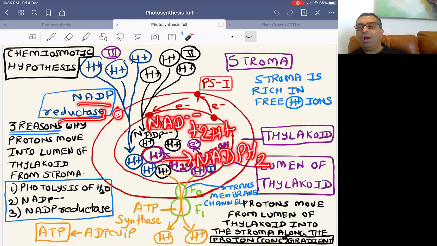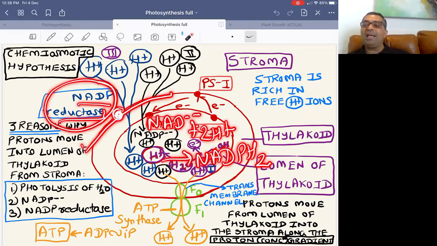But where is this enzyme NADP reductase found? On the outer membrane. सो NADP रिडक्टेज का काम है प्रोटॉन को लेके NADP माइनस माइनस के साथ कंबाइन करके NADPH2 बनाने का, but NADP reductase is found on the outer membrane.